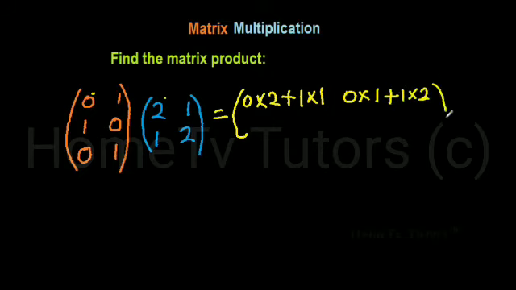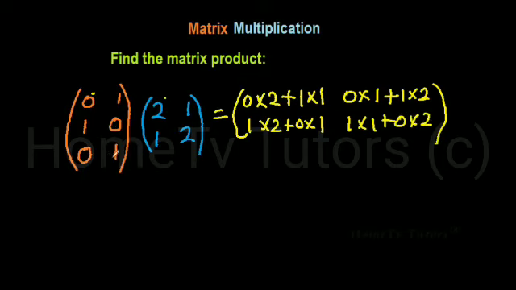Then we come to the second row. 1 times 2 plus 0 times 1. The second column, 1 times 1 plus 0 times 2.